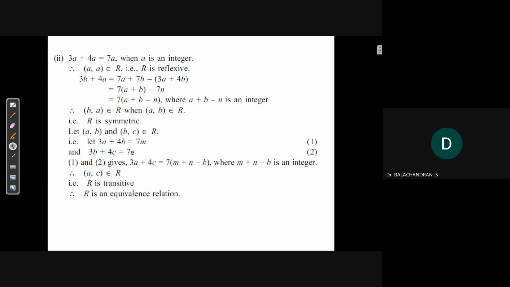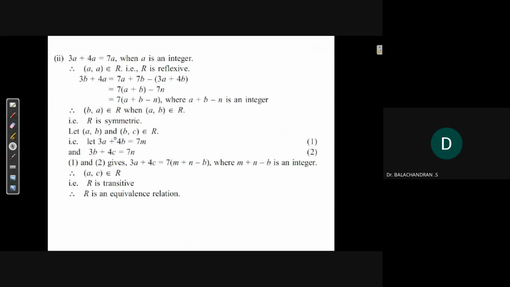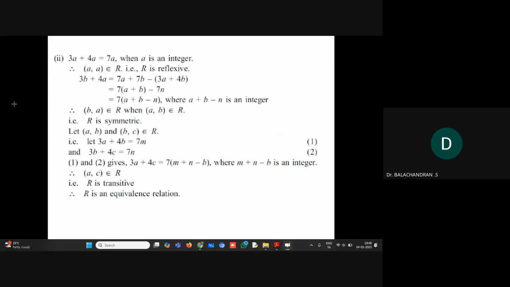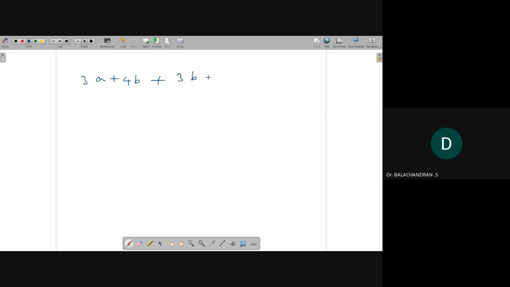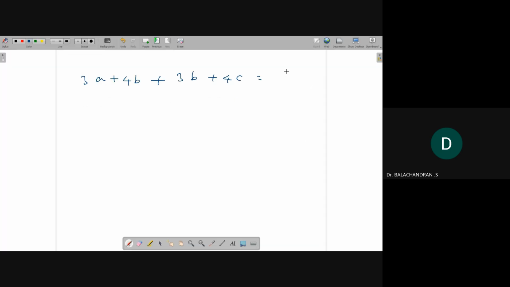So now I am going to add these two. 3A plus 4B plus 3B plus 4C equals 7M plus 7N, so 7 into M plus N.